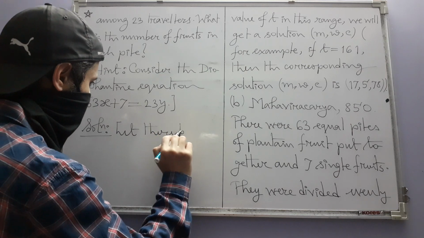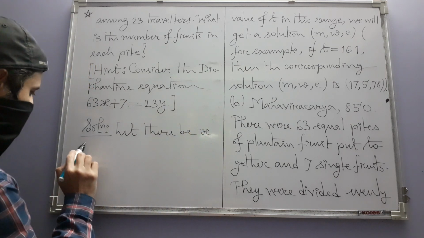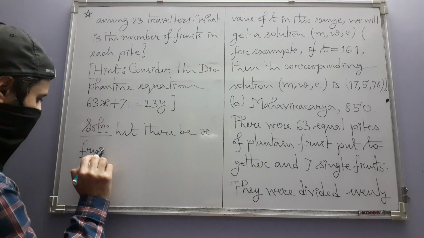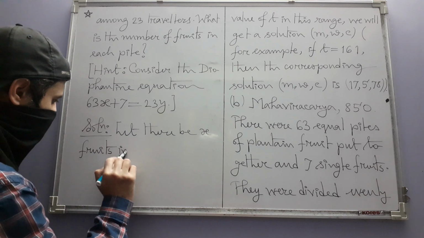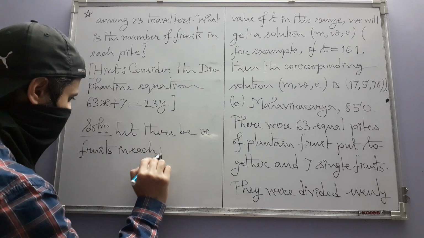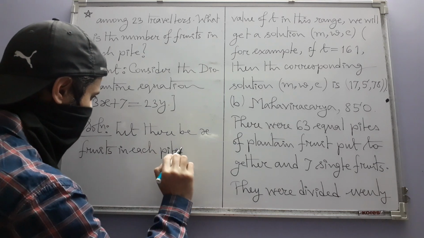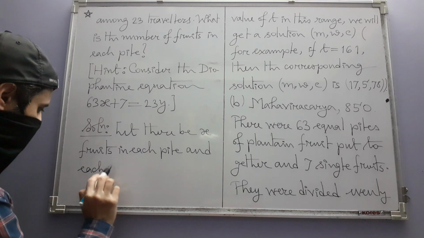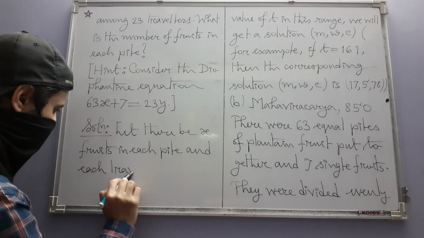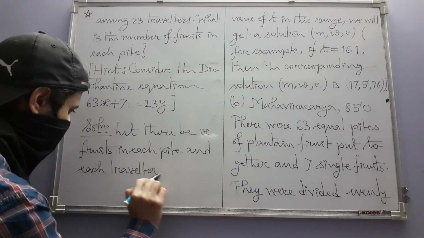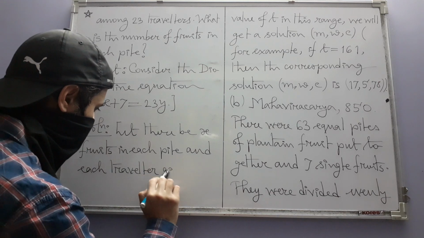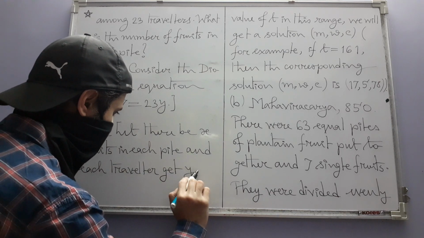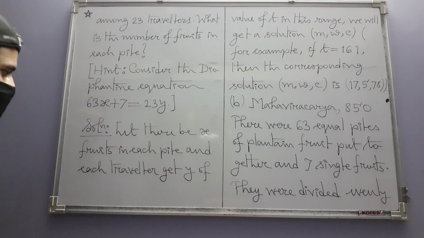Okay. So let there be x fruits in each pile, and let each traveler get y of them.